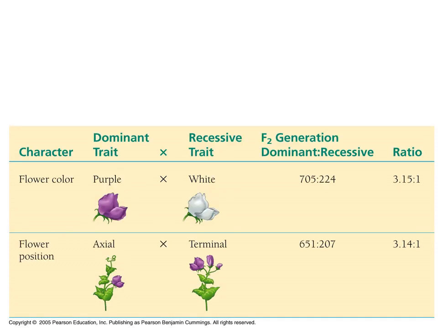As you look at these different traits, you notice that whenever he crossed a true breed with a true breed, he always got a certain ratio in reference to the F2 progeny. All of the F2 progeny gave him a 3-to-1 ratio.